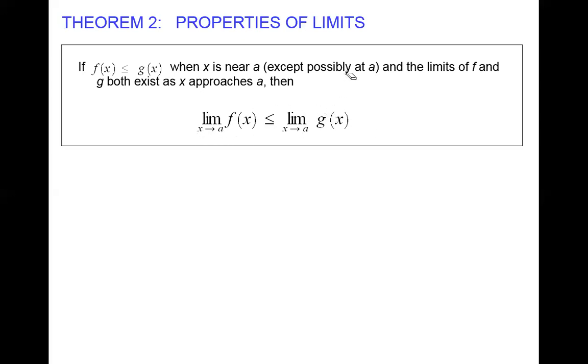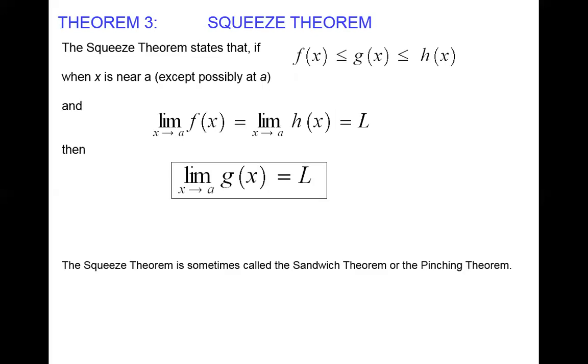So now let's add an additional thing. Let's take a relation between three functions, f, g, and h. f is the lowest one, g is in the middle, h is the highest. Now let's pretend that the limit of the lowest and the highest function is equal to L, it's the same.